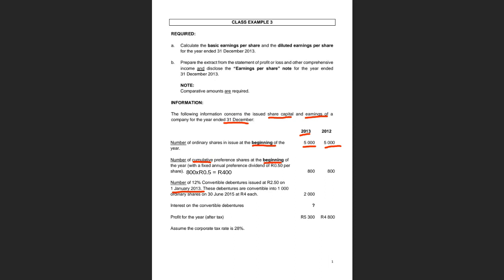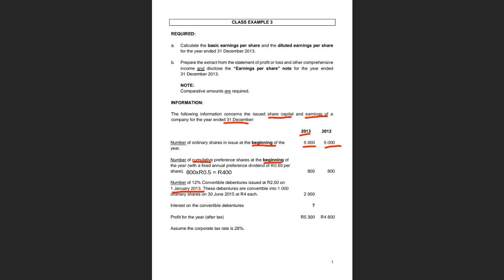We wouldn't really pay too much attention to that now. But in example 4, which we're going to look at in class, we're going to have to pay very careful attention to that, because that specific conversion date is going to happen in the year.